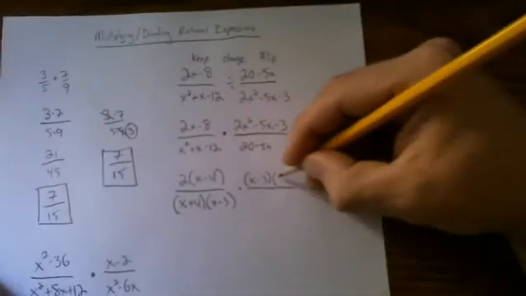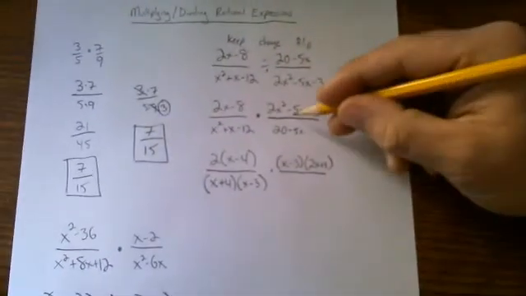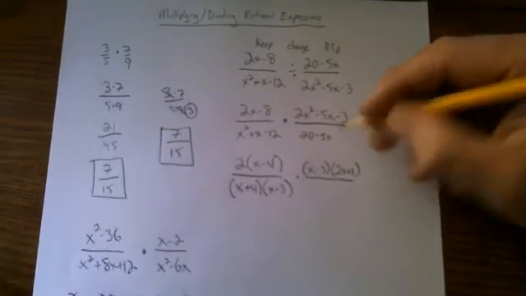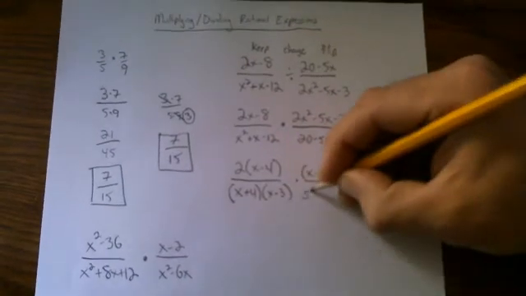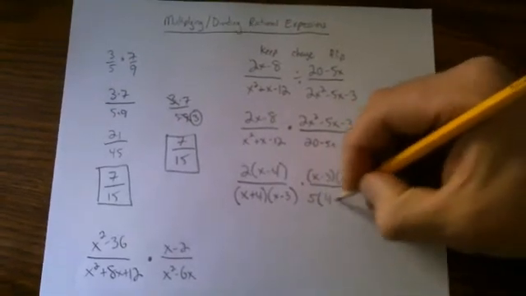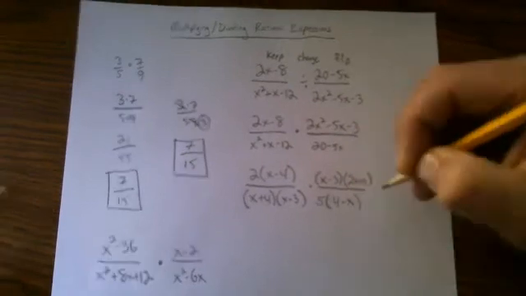And 2x plus 1. Okay, finally we have to factor 20 minus 5x, and that has a GCF of 5. We're left with 4 minus x.